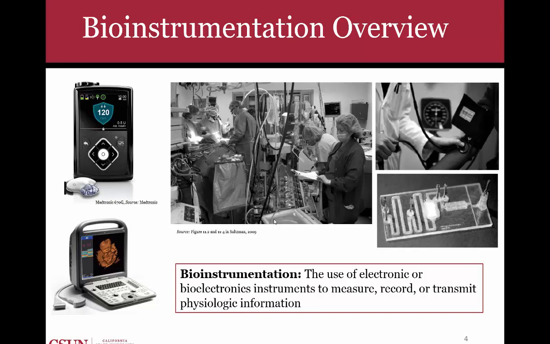So under that broad category, you can also include any other devices that help you make physiological measurements. They could be like a small chip that you make that can measure some concentration of some chemicals, which is I guess included in biosensors.